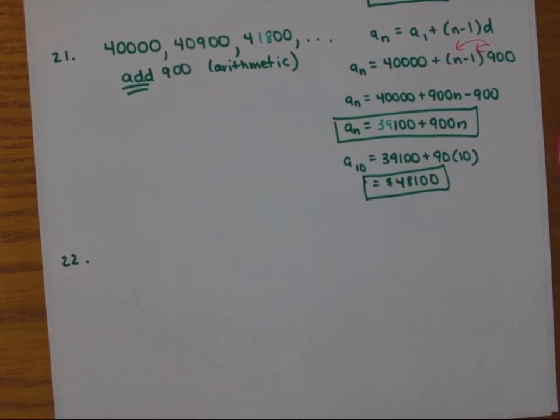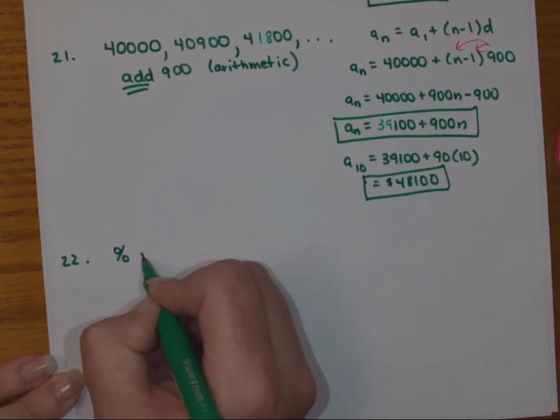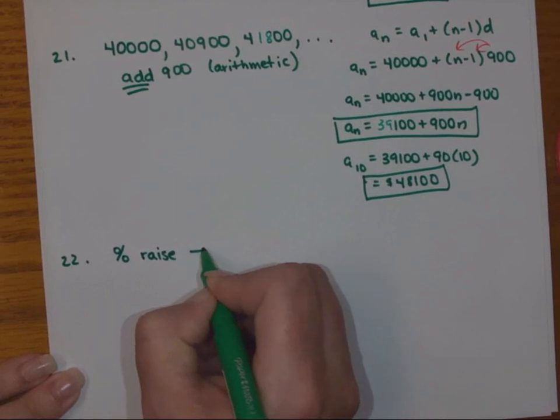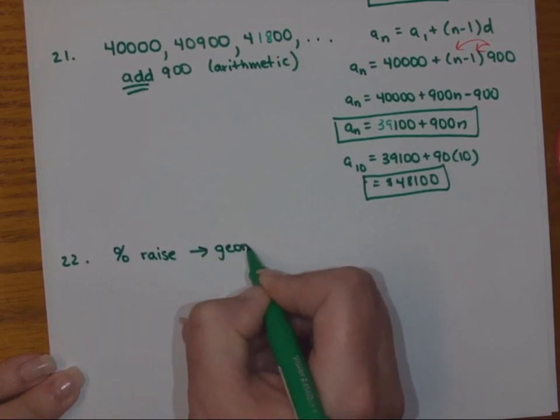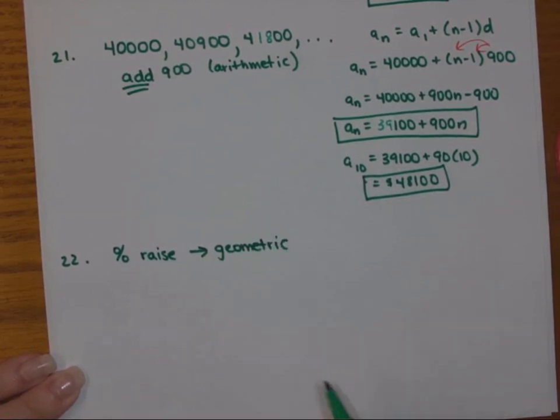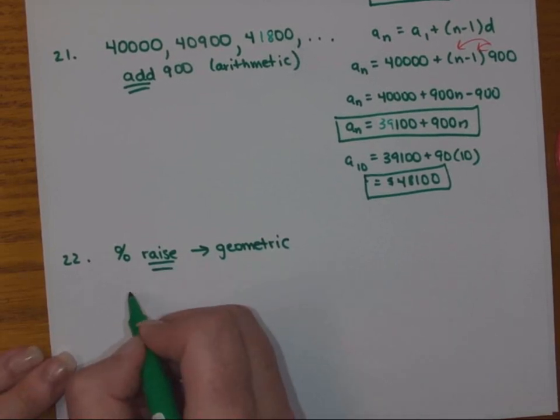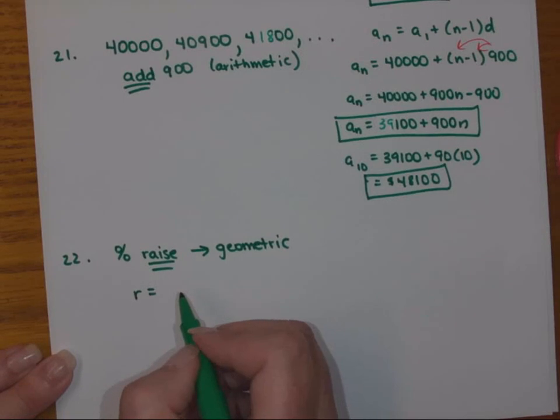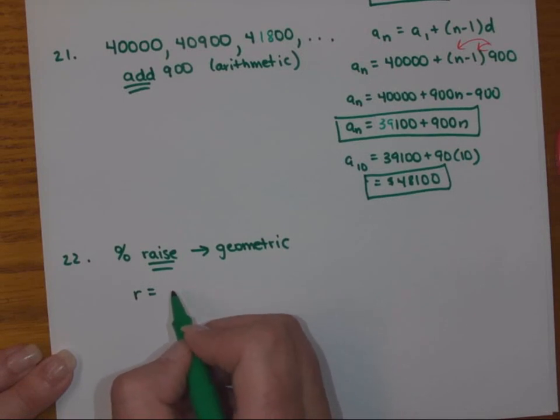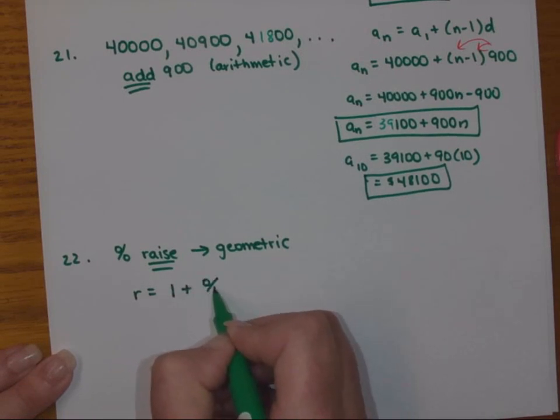Okay, but 22 is a pay problem where you get a percentage raise, and that is different, okay? A percent raise is always geometric, always. Okay, and because it's a raise, and we talked about this in class, R is always going to be basically 1 plus the percentage.